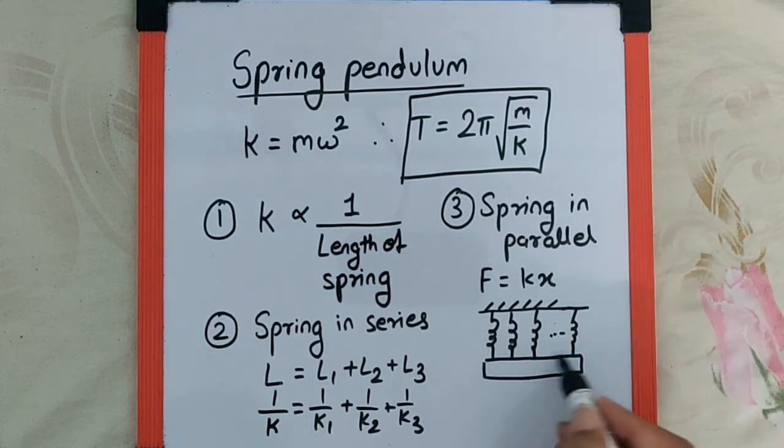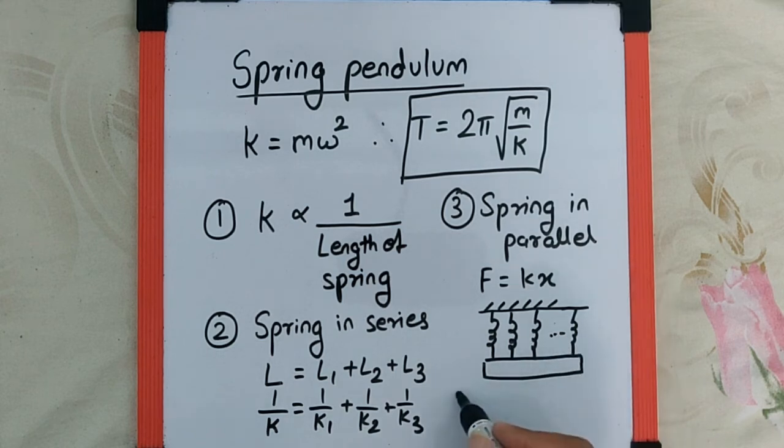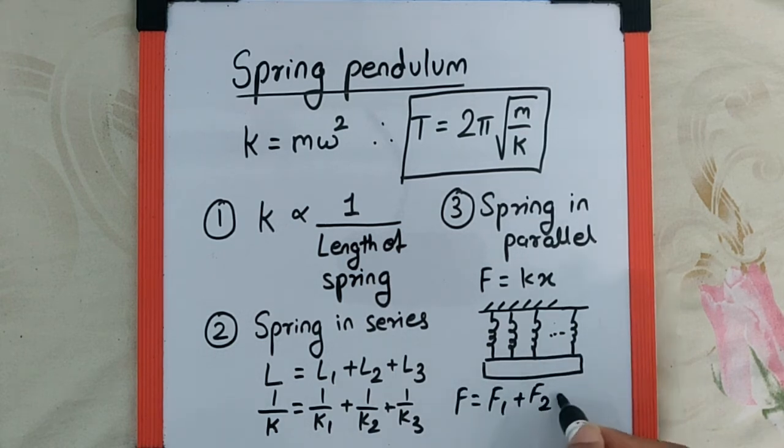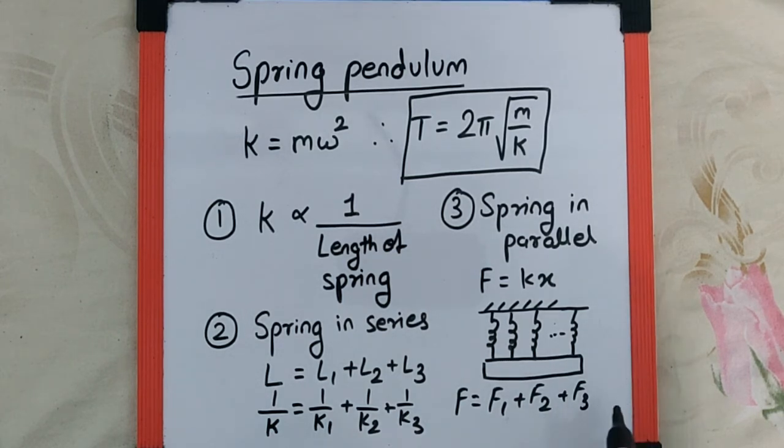So can I say the load weight is distributed between them such that F is equal to F1 plus F2 plus F3 and so on. F1 can be written as K1x, F2 as K2x, and K3x for F3.